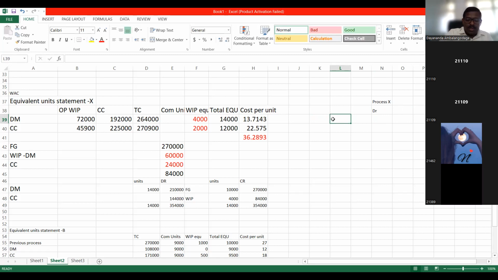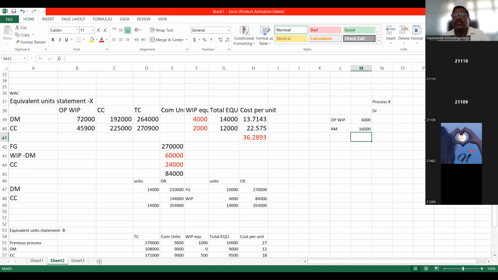You have the opening WIP. How much? Opening WIP as per the question is 6,000. And you can see using the starting raw material. Raw material is of course 16,000, right?